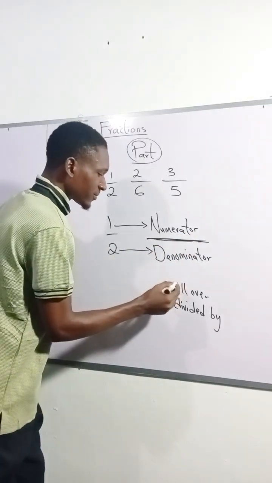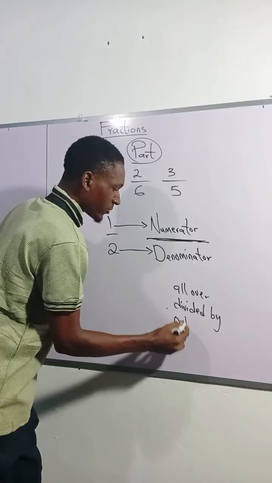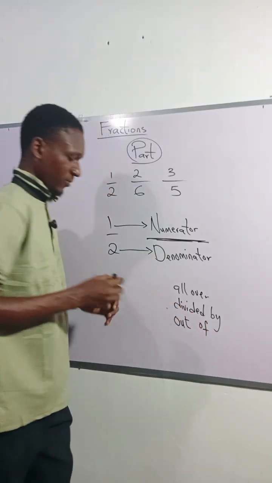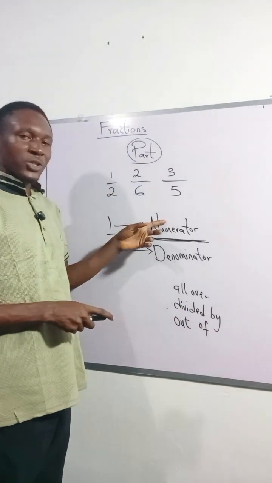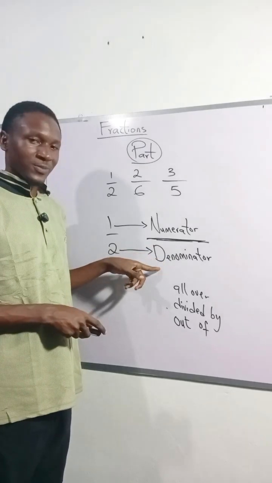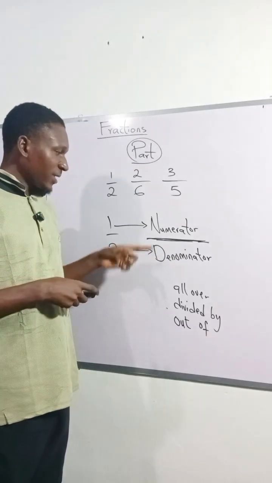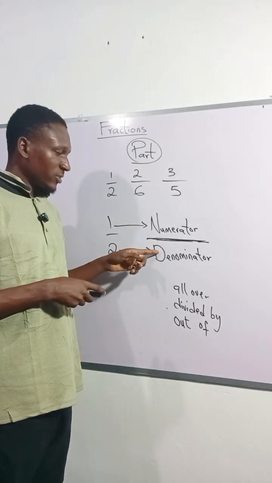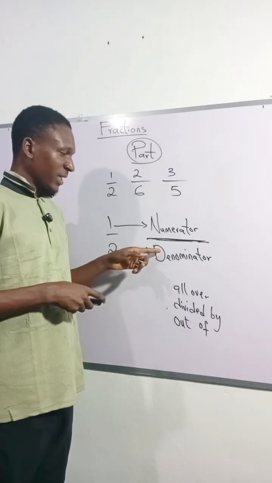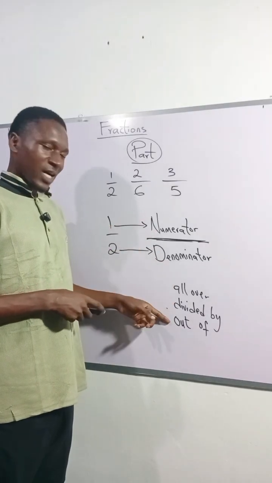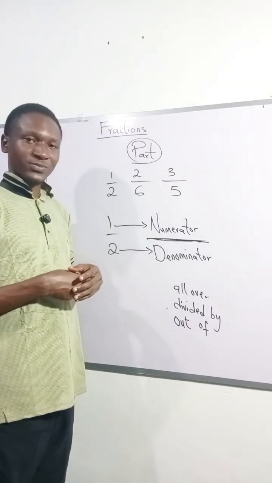You can also call it out of. You can say numerator out of the denominator. Are you getting it? You can either say numerator all over denominator, numerator divided by denominator, numerator out of the denominator.